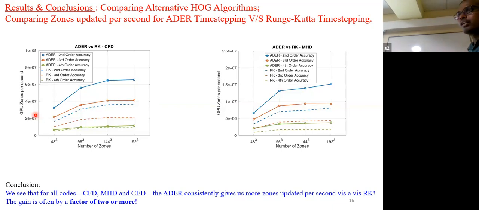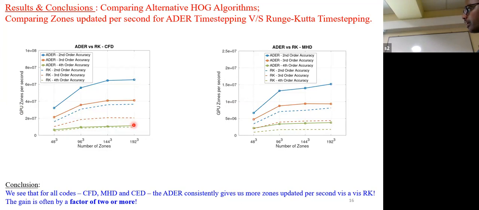However, the main bottleneck of the Runge-Kutta scheme is that we have to call the limiter or reconstruction subroutine as well as the flux calculator subroutine twice for the second order, thrice for the third order, and 5 times for the fourth order. These repeated calls hamper the overall zones per second of the Runge-Kutta schemes. The dotted lines show the Runge-Kutta zones per second, and the solid lines show the zones per second done with ADER. The speedup that we obtained from the Runge-Kutta scheme is substantial, very good with OpenACC.